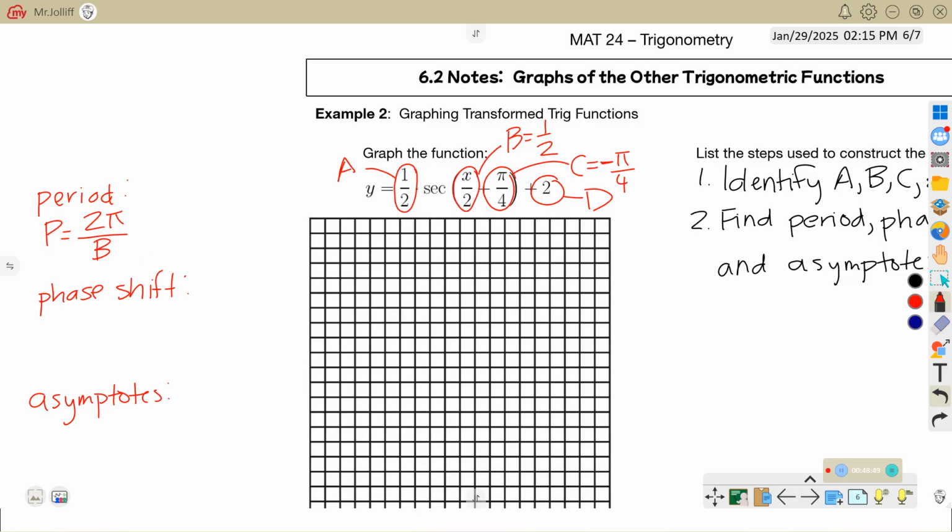Our b is 1/2. So 2 pi over 1/2. And I heard somebody mouth 4 pi. I agree. Multiply by the reciprocal of 1/2, you end up with 2 pi times 2, which is 4 pi. Good.